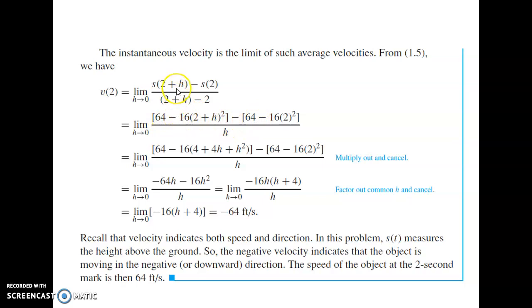And then x is now 2 plus h. So substitute properly in the given position function. Then we have this. Then we subtract. We expand this, 4 plus this, and then I open the bracket. Then I have this. Then look at it, 64h, that is what we get here, and then minus 16h squared.